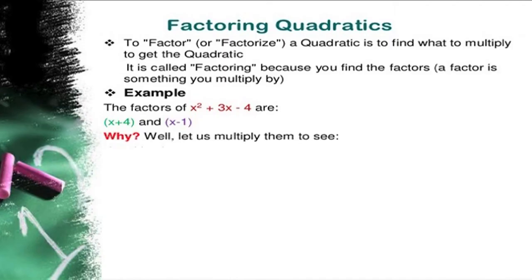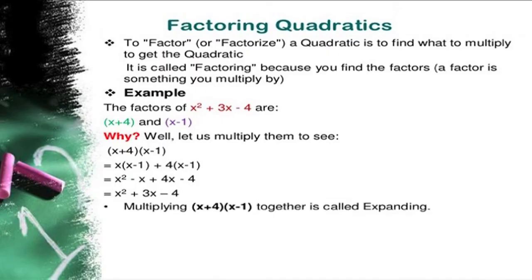Why? Well, let us multiply them to see. x + 4 multiplied with x - 1. You will get x(x - 1) + 4(x - 1), which gives x² - x + 4x - 4. You will find x² + 3x - 4.